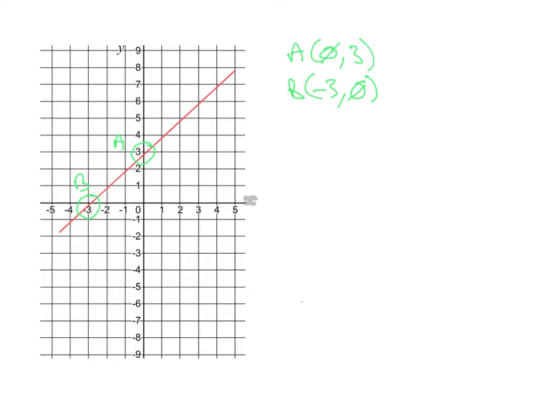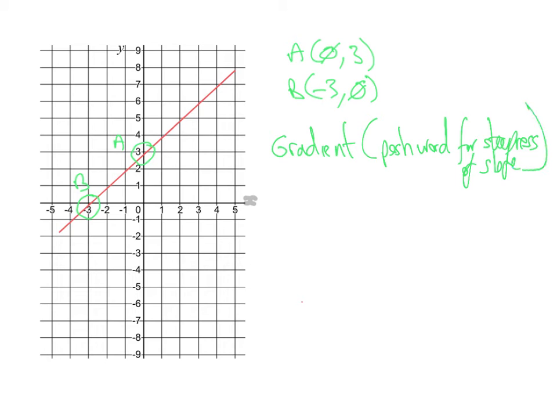And that's how we do measure slope, okay? And we use a posh word for slope. It begins with G, and you might have seen it on some road signs. We use the name gradient. Okay, so gradient is the posh word for slope, or for steepness of slope.